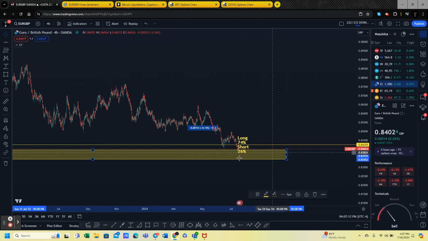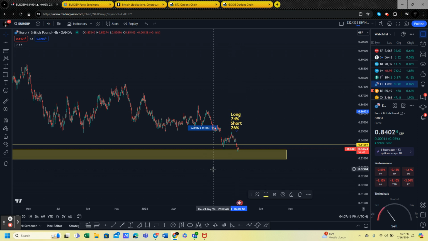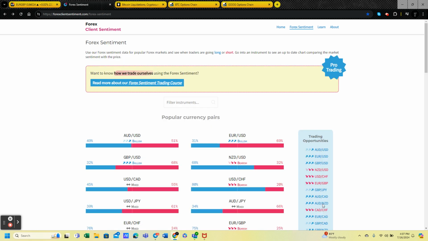And price has already come into this particular area a little bit. So, yeah, we'll be looking for price to come deeper into this area. Now, overall, I don't like the choppiness on this particular asset, so it really doesn't give me a lot of confidence. So, normally I probably wouldn't even trade that one.